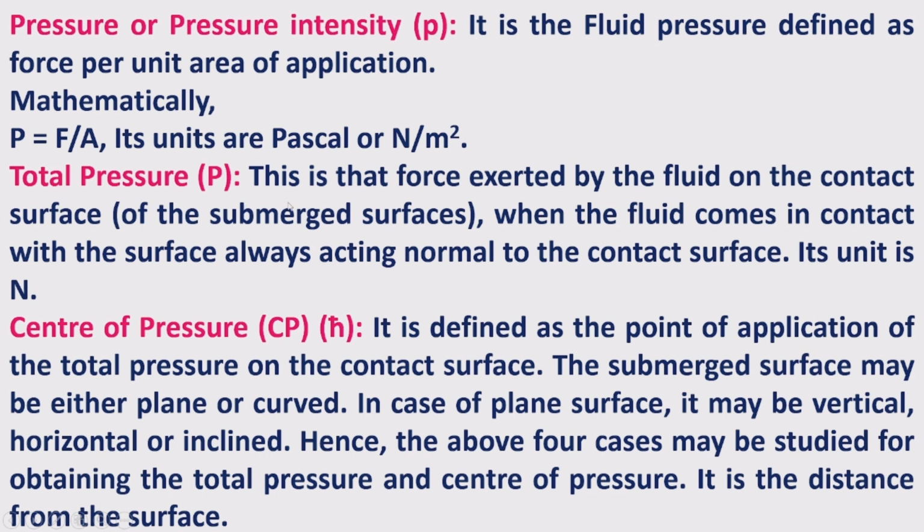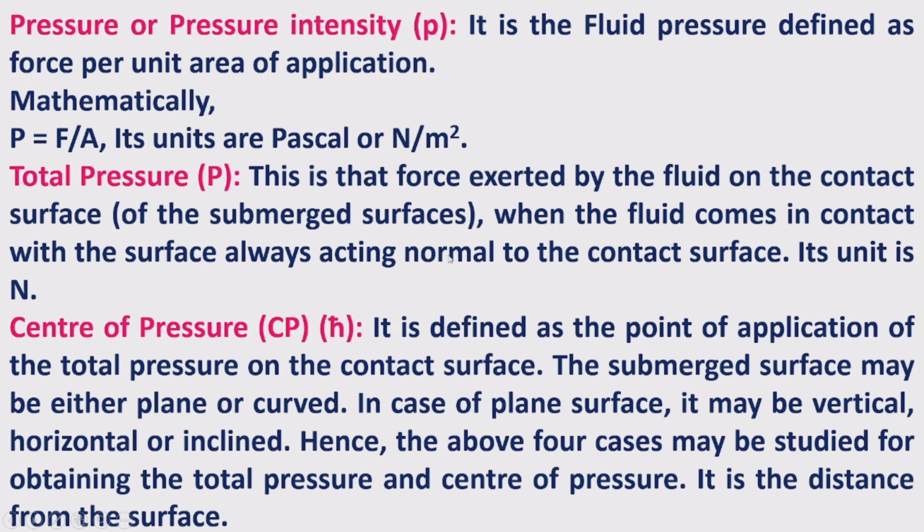Next is the total pressure. The total pressure is the pressure force which is acting on any of the submerged surfaces. The whole force due to the pressure acting on the submerged surface is the total pressure. It is the force exerted by the fluid on the contact surface of the submerged surface.